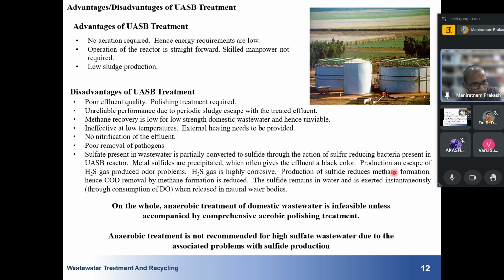First, it will form a black color; it will give a pungent smell; it is highly corrosive; and it also reduces our methane formation. Hence it will reduce the efficiency of the UASB. And when it comes in contact with water, it can also contaminate our water. I hope this is clear to you. Any other doubt?